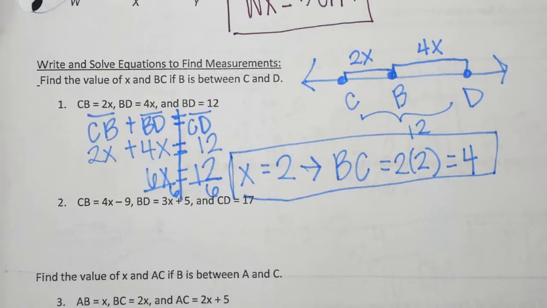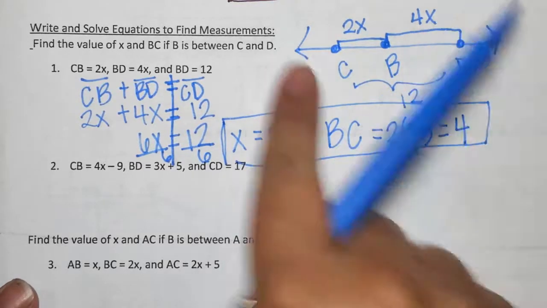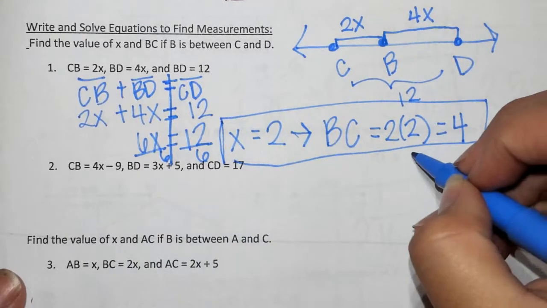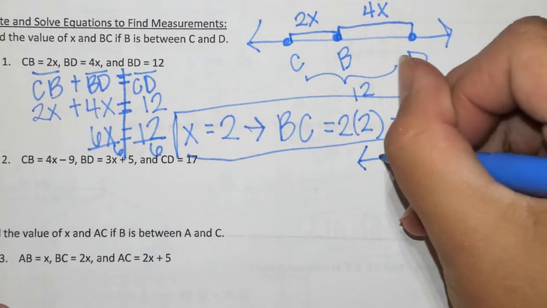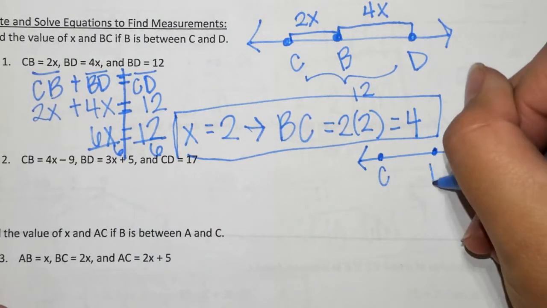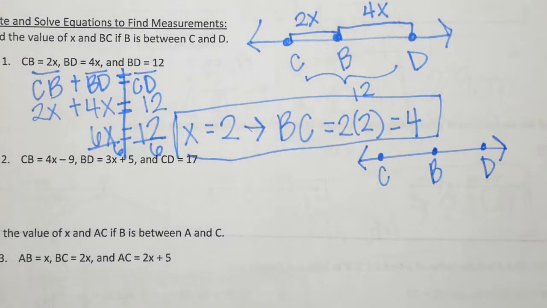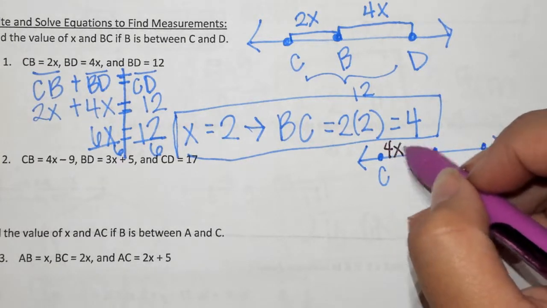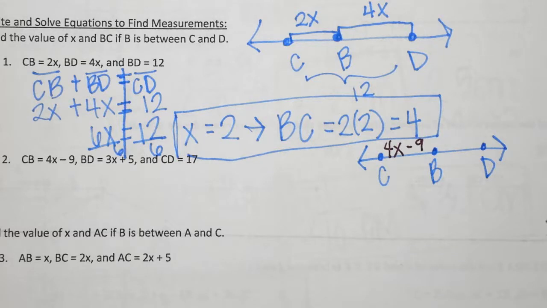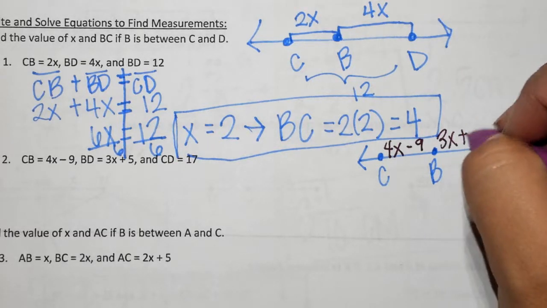Okay, all right, let's do the next one. You're using the same line with the same points, but different numbers. So if you want to write it again, you can. So we have C, B, D. It's a little longer. CB is 4x minus 9. And BD is 3x plus 5.